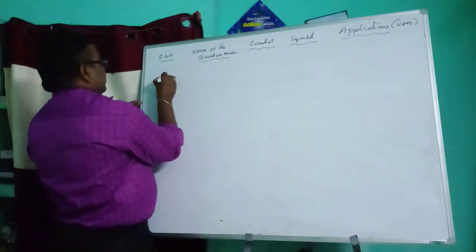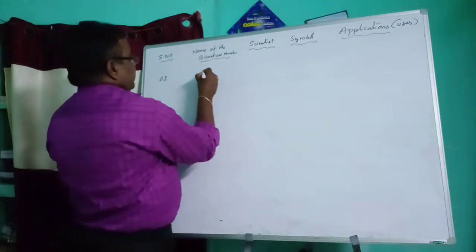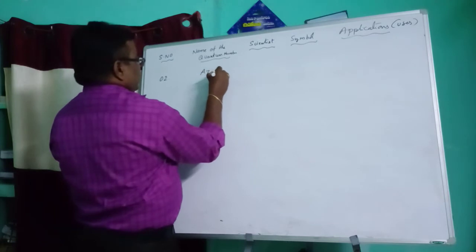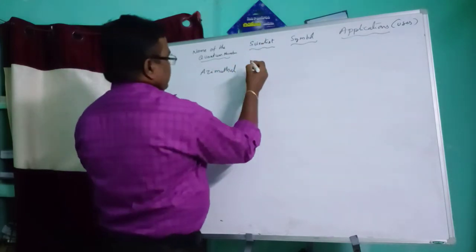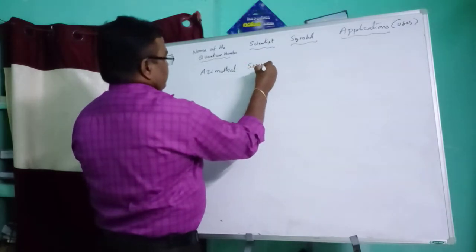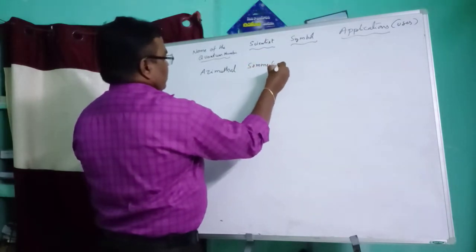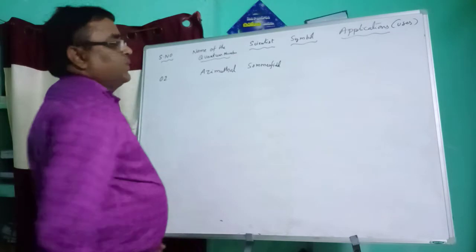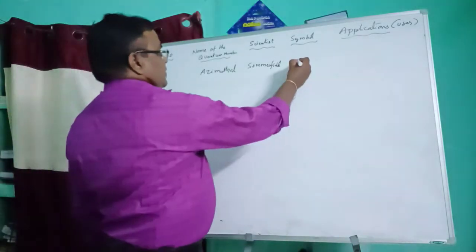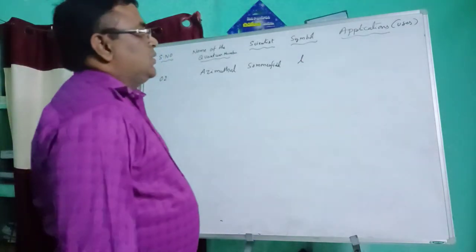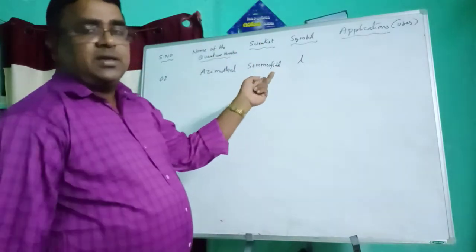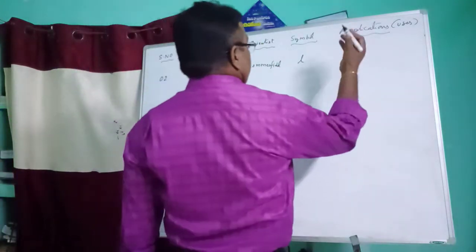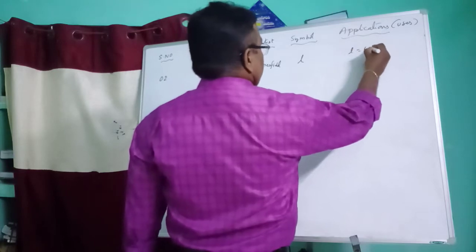Second one is name of the quantum number, azimuthal. Scientist is Sommerfeld. Symbol is small l. Azimuthal quantum number depends on the principal quantum number, generally l is equal to n minus 1.